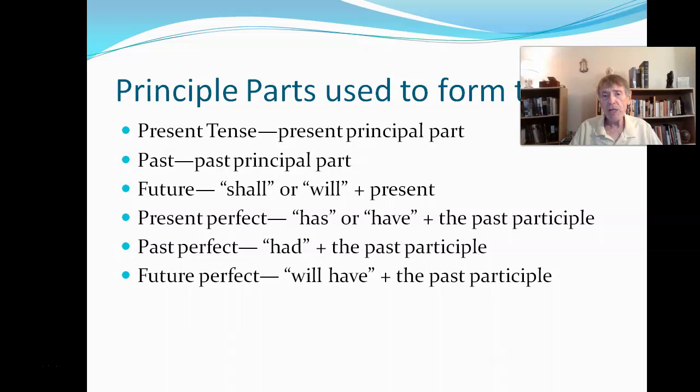So we see a certain symmetry here. Okay, we see a symmetry between the simple tenses and the perfect tenses. We see a similarity in the fact that all of the perfect tenses use that past participle. So anytime you have that helping verb, the past participle is never used by itself correctly. We hear it used a lot incorrectly by itself, but it's never used correctly by itself.